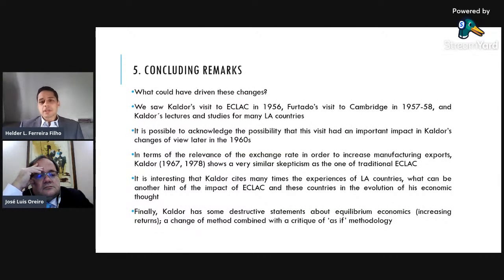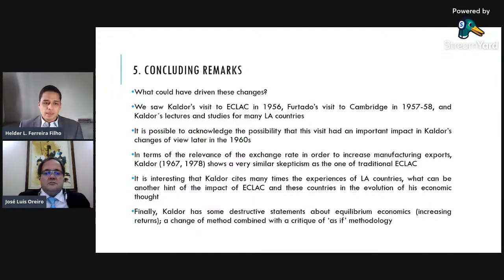What could have driven this change of Kaldor, we ask? We saw Kaldor's visit to ECLAC in 56, and Furtado's to Cambridge in 57 and 58, and Kaldor was always interested in Latin American countries, giving several lectures there. It's possible to acknowledge that this visit had an important role in Kaldor's later change of view.